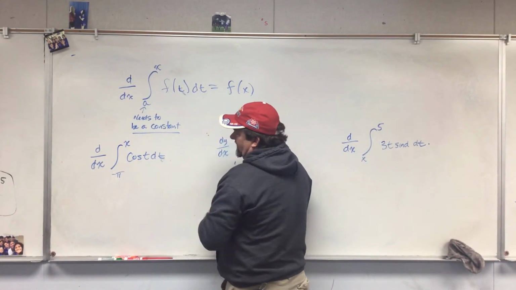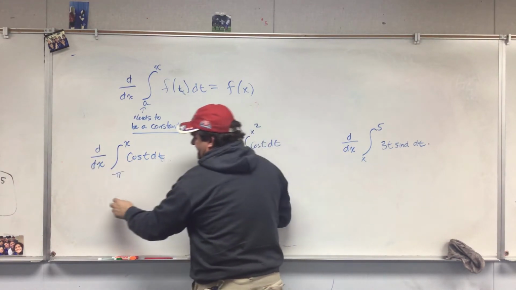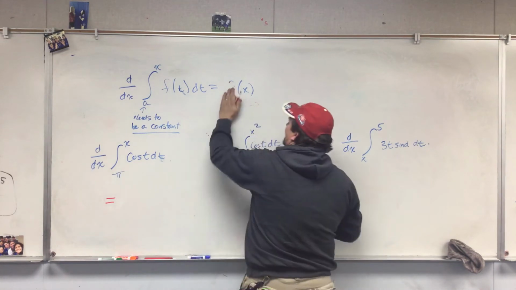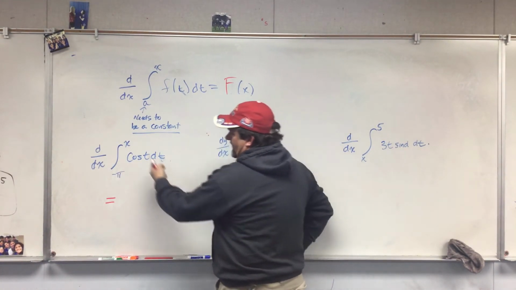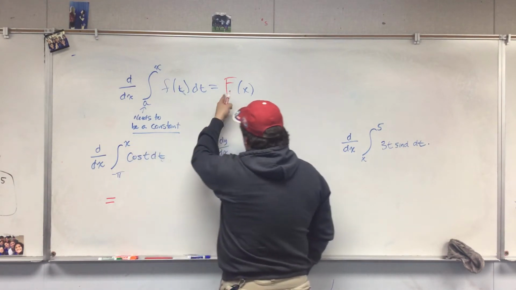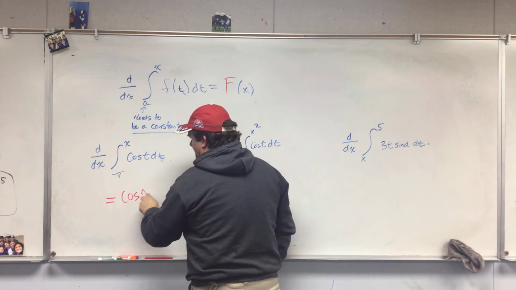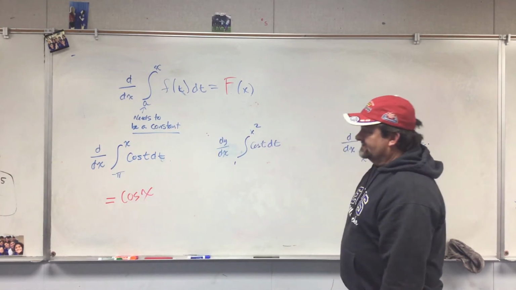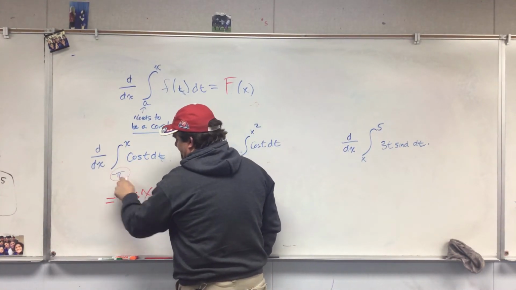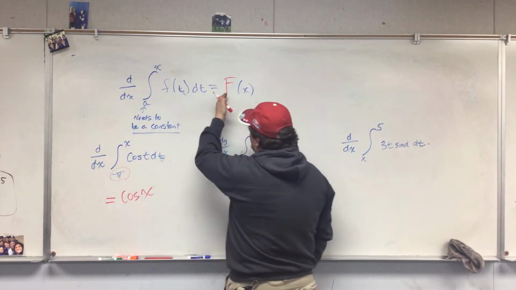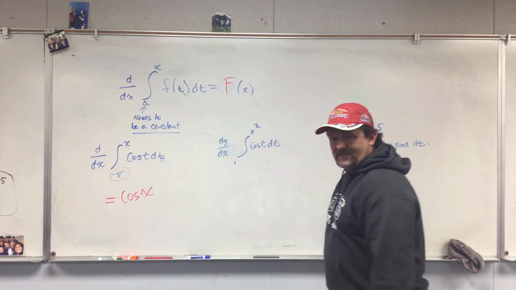So what we say is this: if I take the derivative of this, it is literally f of x, the function of cosine. So it's the cosine of x. That's the answer. So when you're finding the derivative of this integral, and this is a constant, it is the function of what you have here with the x in its spot.